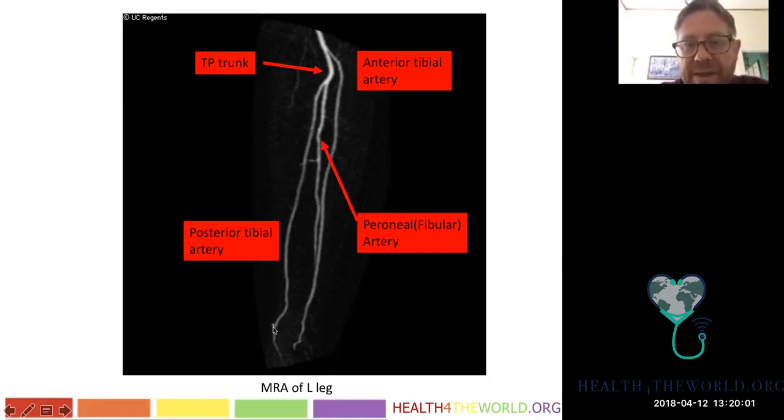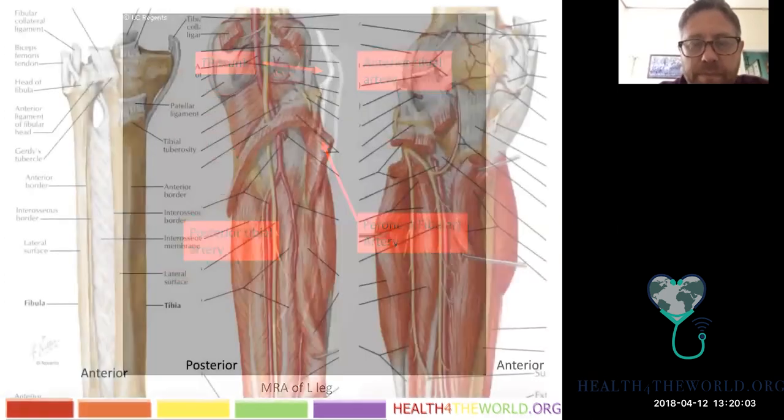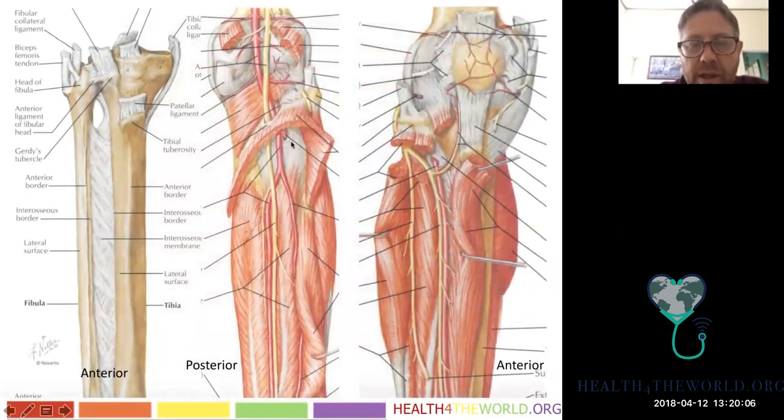Okay, and this is an MRA. Again, looking at the popliteal artery from behind, it goes down, gives off an anterior branch, which is the anterior tibial artery right here. Then it's going to turn into the TP trunk, and it's going to give off the peroneal and the posterior tibial artery.